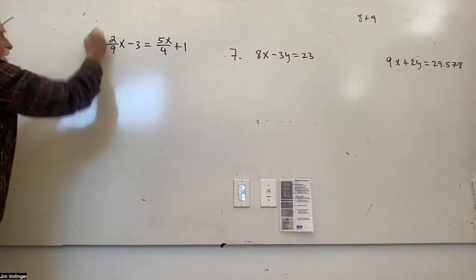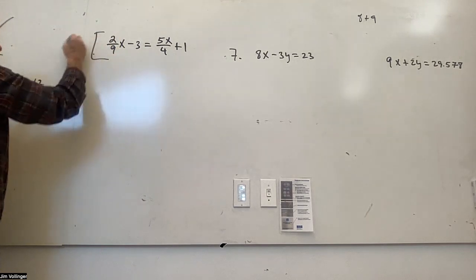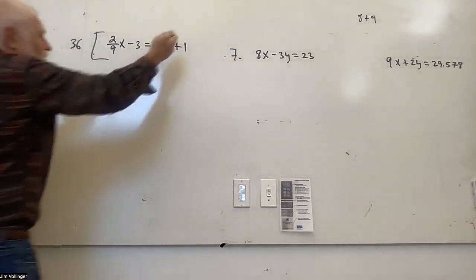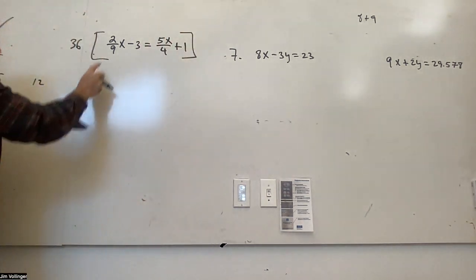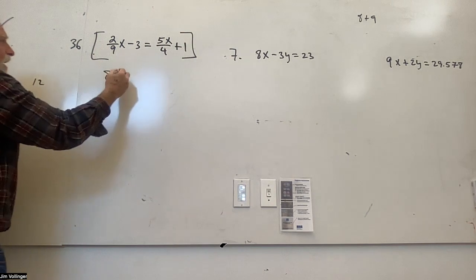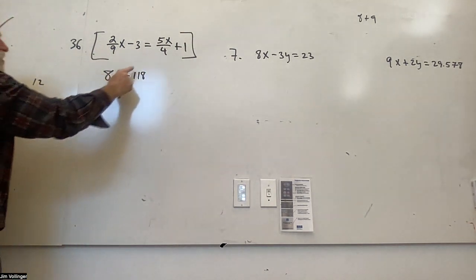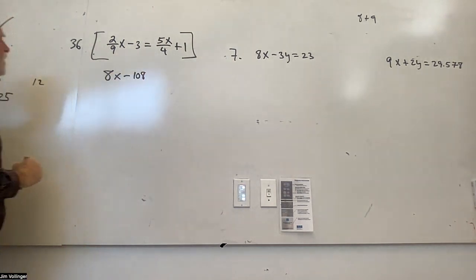All right, problem number 6. Let's multiply by 36. All right, and all of these problems have been explained in earlier videos, so I'm not doing that right now. Just getting the mechanical practice. So that's 8x minus 118, is that right? 90 and 18 is 108. I think that's it.